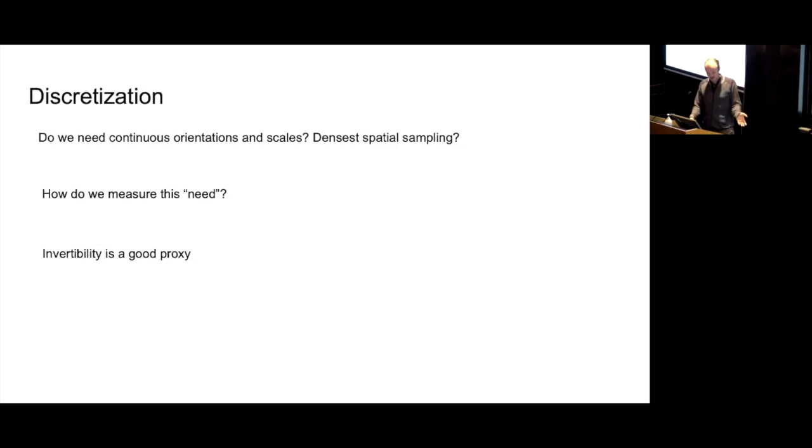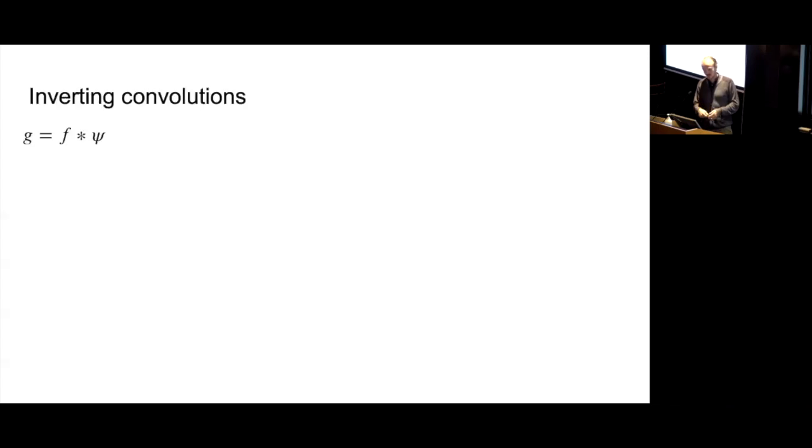Can we skip some scales? Can we be discrete, basically, in scale and orientation, and potentially later even in space? So how do we measure whether we're doing well? One way of measuring is to ask, can we invert what we did? So we're going to use invertibility as a proxy here.